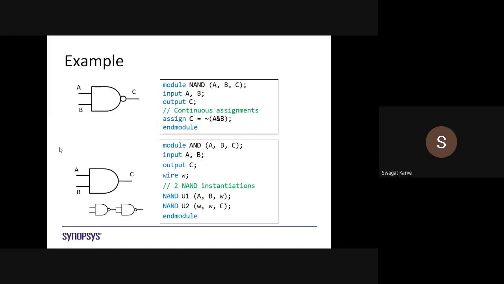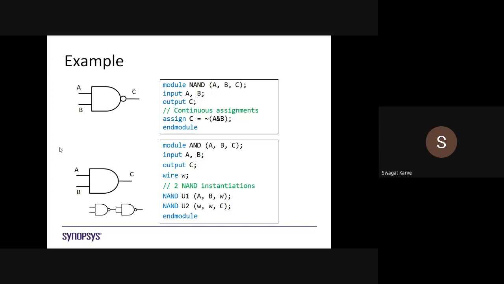So you can see this example. First we have a NAND gate, module NAND A comma B comma C, where A and B are the inputs and C is the output, and here we are using the continuous assignment statement. That means assign C is equal to not of A and B. So that is a continuous assignment statement.